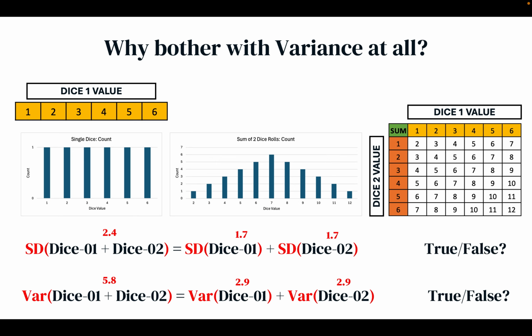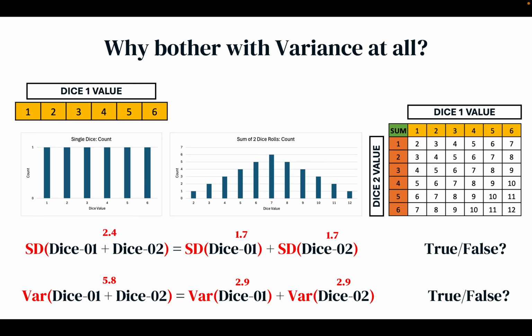Well, what we are really trying to answer here now is whether or not the sum of the individual standard deviations of the dice is equivalent to the standard deviation of their sum, right? So this is something that we want to see. Turns out the standard deviation for the first dice is 1.7, and these are fair dice.